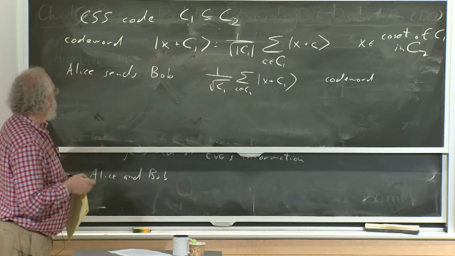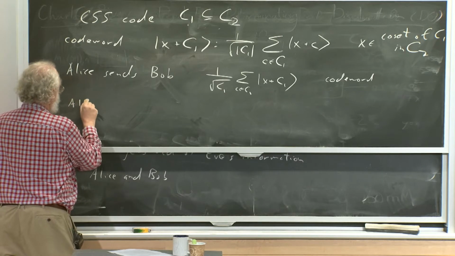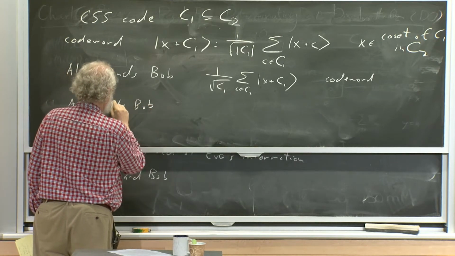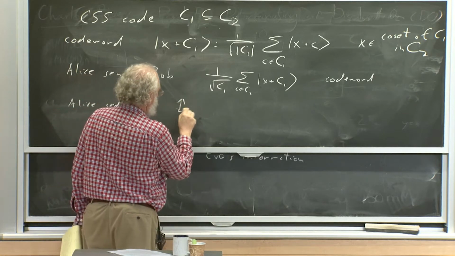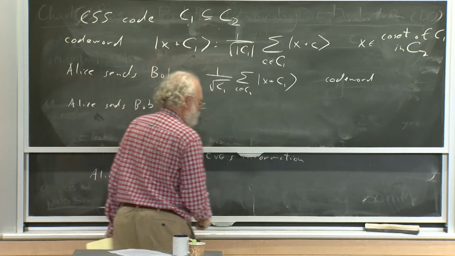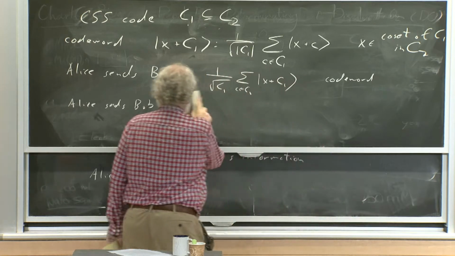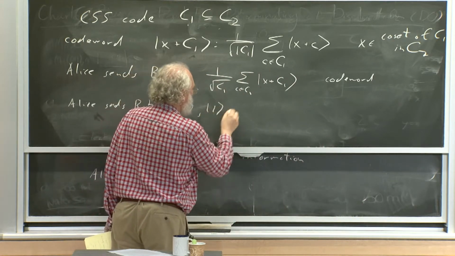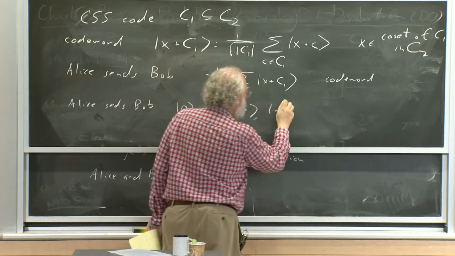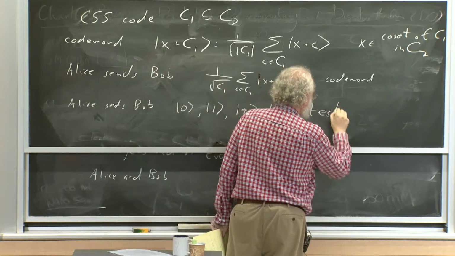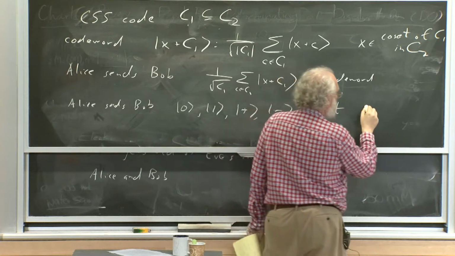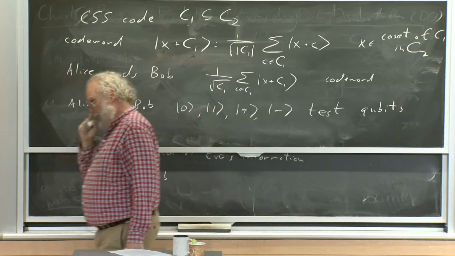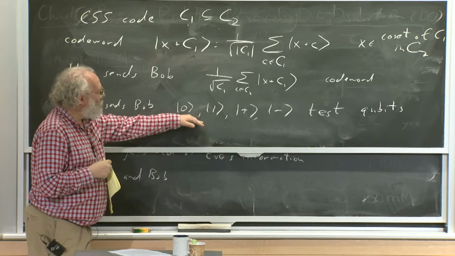Well, and she also sends Bob, let's do this in 0, 1, plus, minus as test bits. And she sends these randomly.